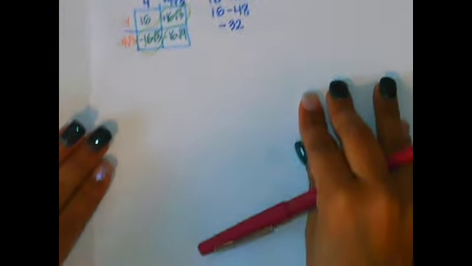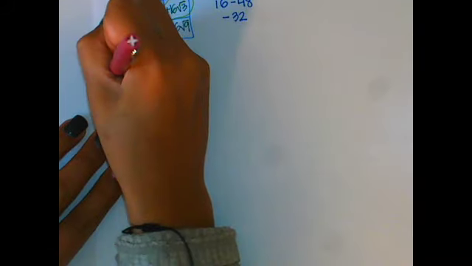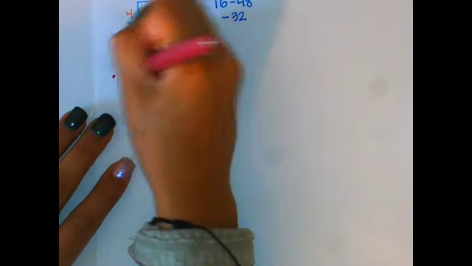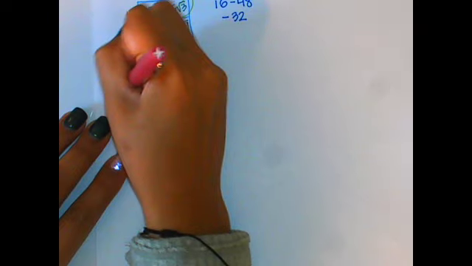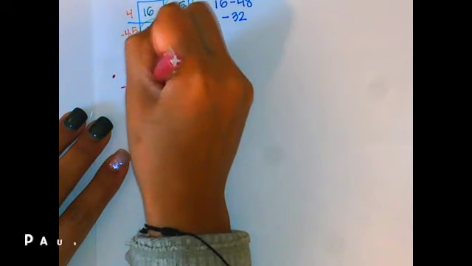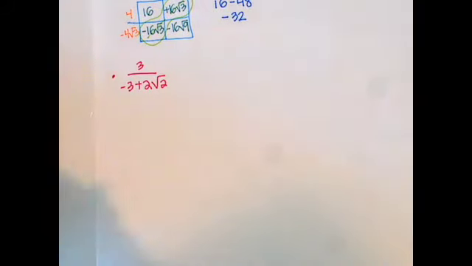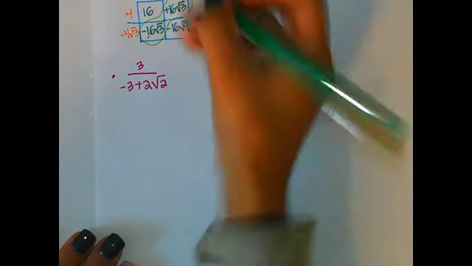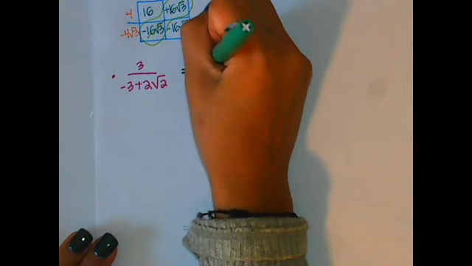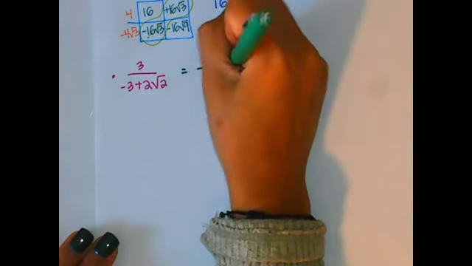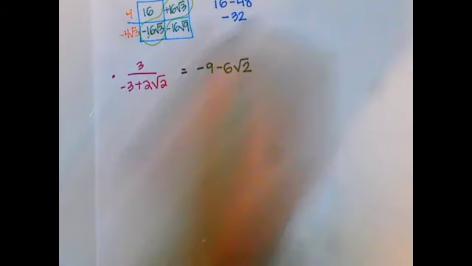I will give you a couple more examples for you to work on. What is 3 over negative 3 plus 2 radical 2? When you solve that, you should get negative 9 minus 6 radical 2.